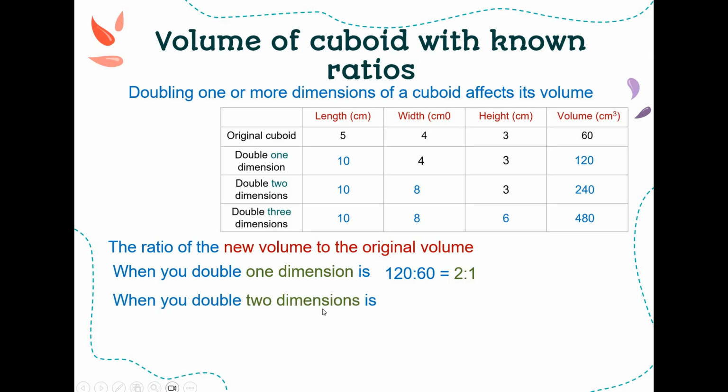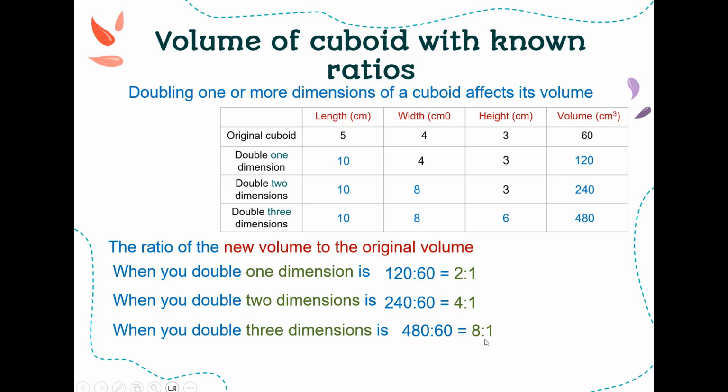What about if we double two dimensions? It will be 240 to 60. Divide both terms by 60, it will be 4 to 1. What about three dimensions? It will be 480 to 60. Divide both terms by 60, it will be 8 to 1.